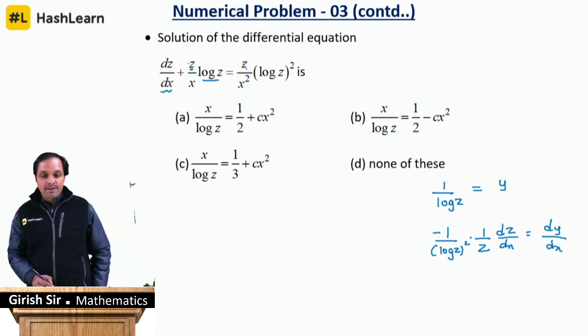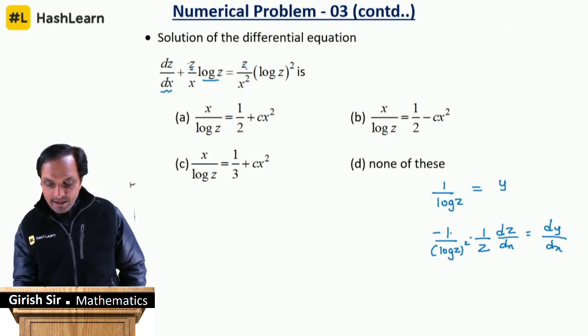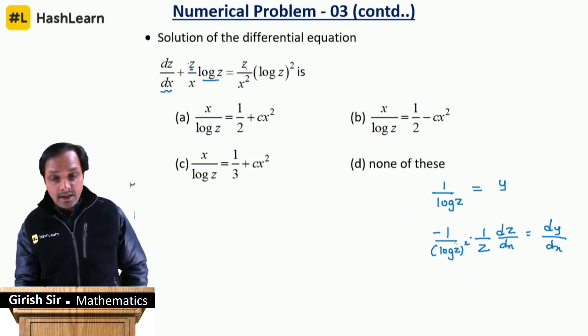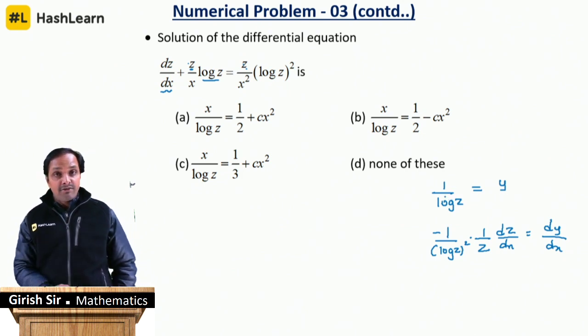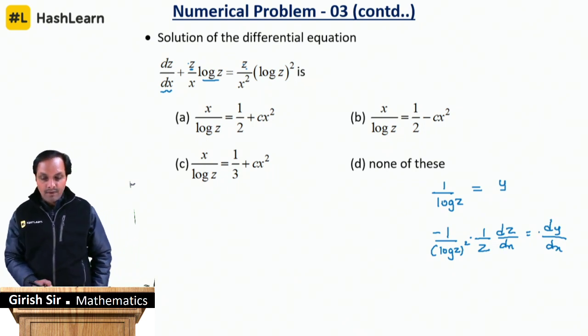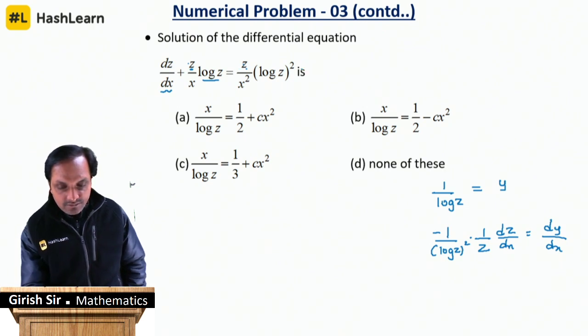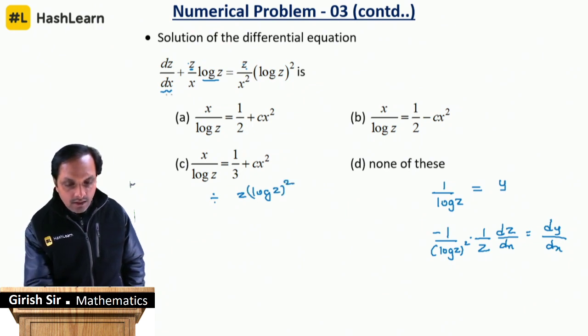So attention students, when you take 1 by log z as y, minus 1 by log z whole square, that is differentiation of 1 by something is minus 1 by something square, into derivative of log z is 1 by z, dz by dx, dy by dx. Okay, so what do you do here? z log z divide by z log z whole square.